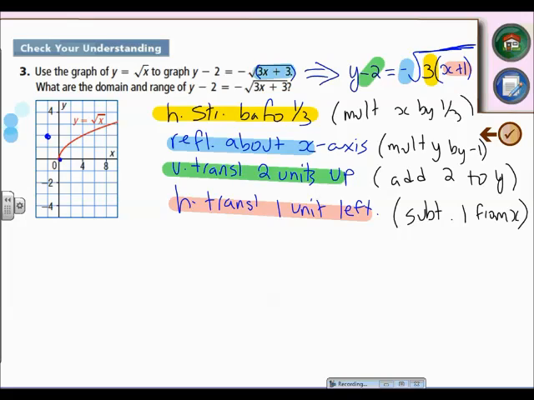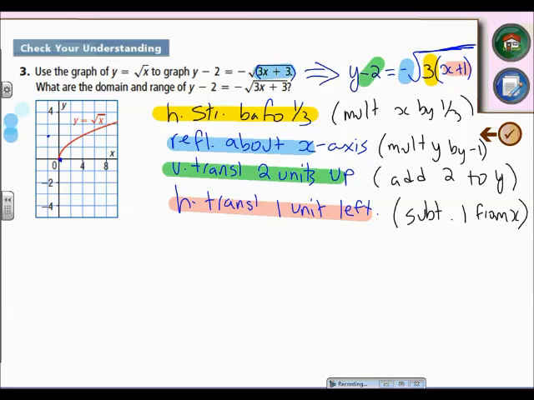Well, that gives me 1/3. And then, oh, I gotta go back here. I forgot to do the reflection. So let's read. Oh no, that one was okay. Sorry.